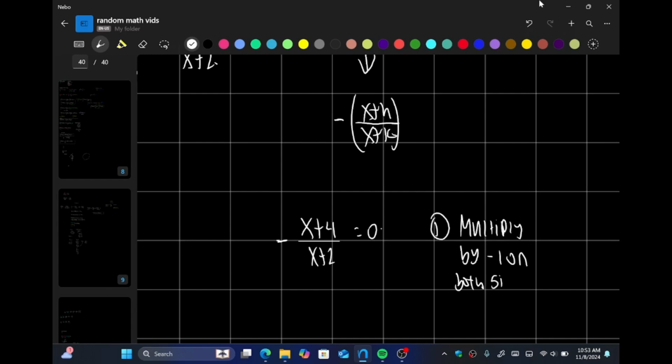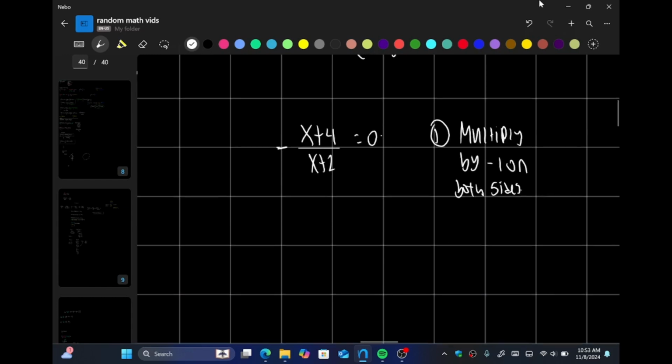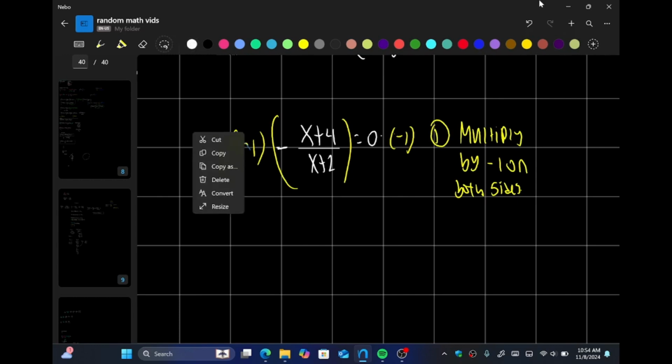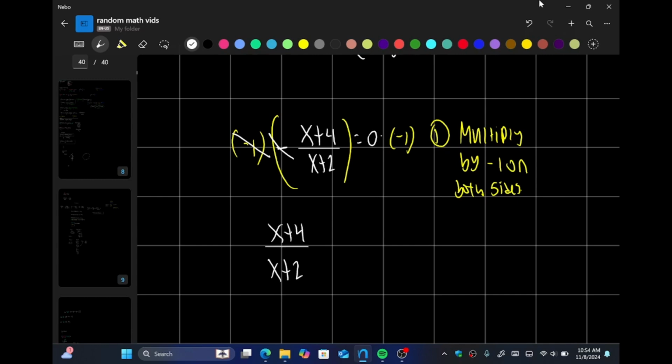Sorry guys, hold on. So when we do that, the negatives will cancel out. We're going to get x plus 4 over x plus 2 equals 0.